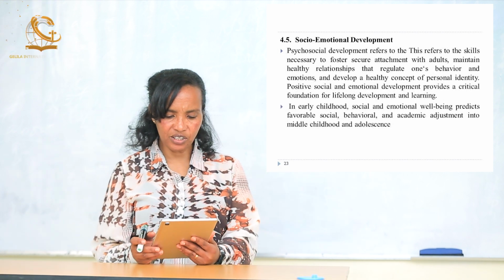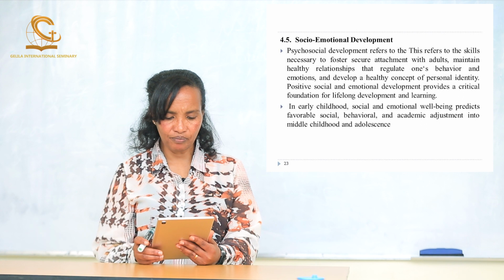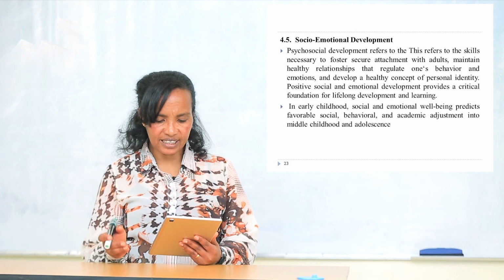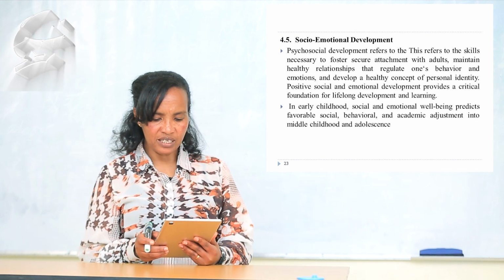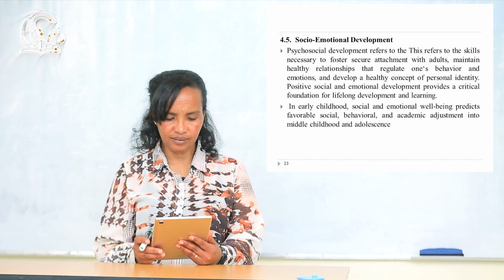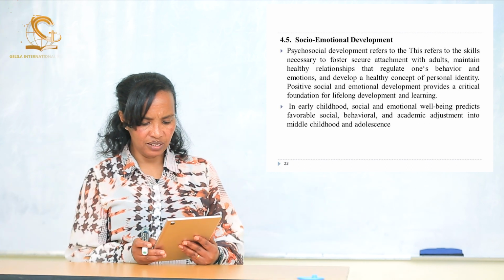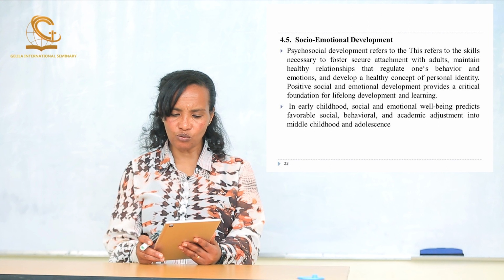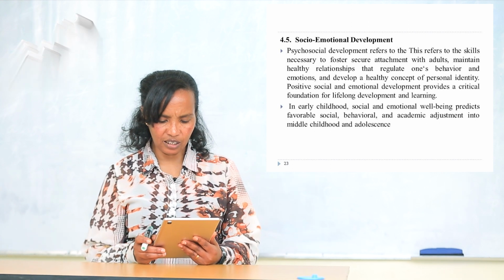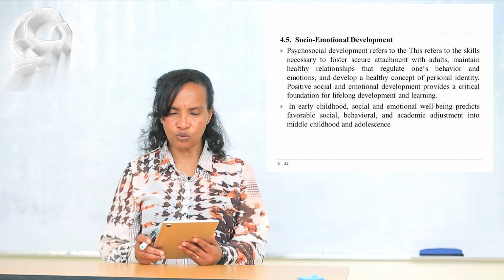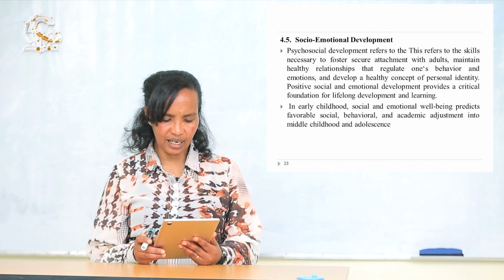The other aspect is socio-emotional development. It refers to the skills necessary to foster secure attachment with others, with adults, and to maintain healthy relationships that regulate one's behavior and emotions, and to develop a healthy concept of social and personal identity.